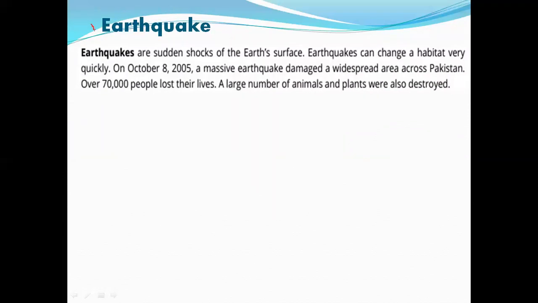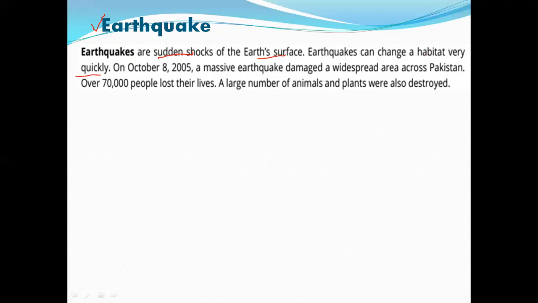Yes, the next one we will see, last but not the least, is earthquake. Earthquakes are sudden shocks of the Earth's surface. When the Earth's surface shakes, this condition is called an earthquake, and it can change a habitat very quickly and destroy the whole area if the strength of the earthquake is higher.